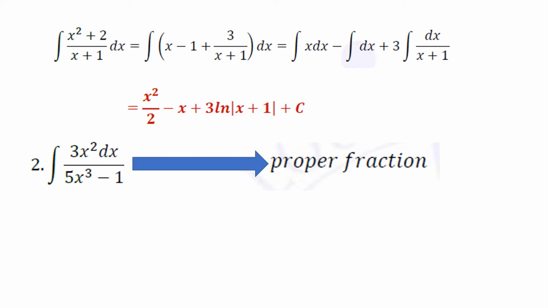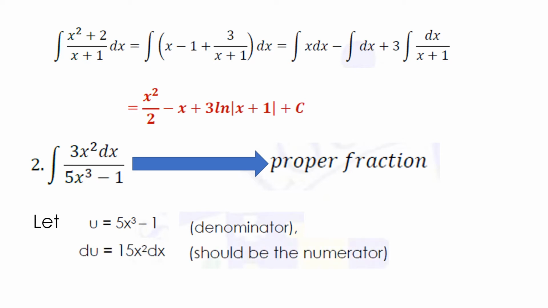We now can proceed and correct the numerator found in the integrand. If we let our u be equivalent to the entire denominator, which is 5x cubed minus 1, taking its differential, we get 15x squared dx.